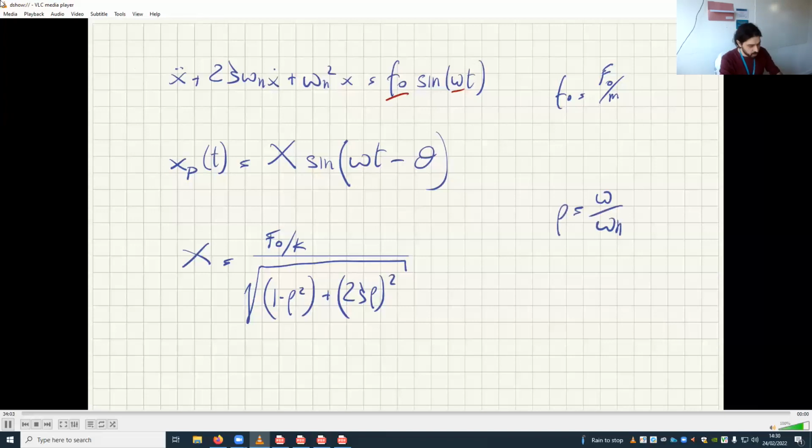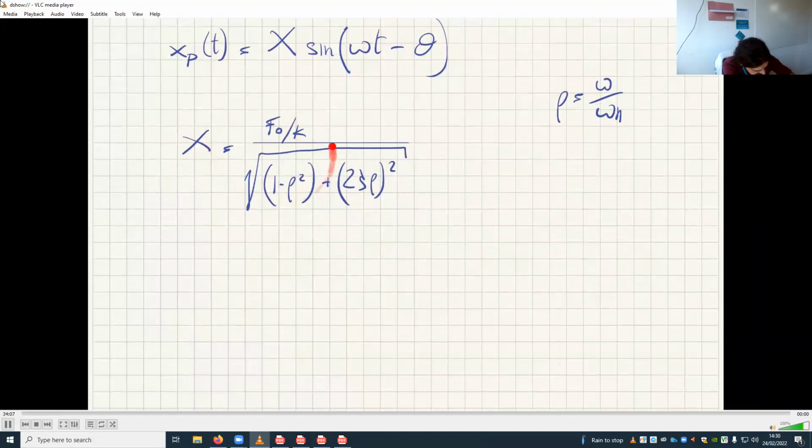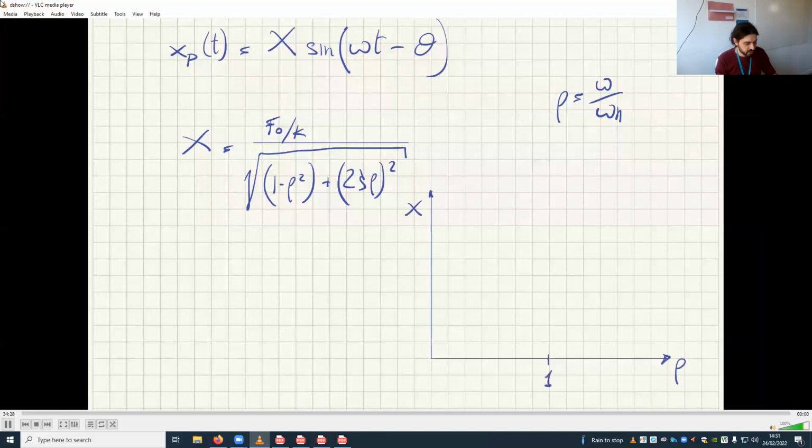Okay, can we have a plot of this? Arnaldo, can you please plot this for me in terms of rho? Yes, I'll do that right now. If I plot this, so this is X, and this is rho. So we have rho equal to 1 at some point.